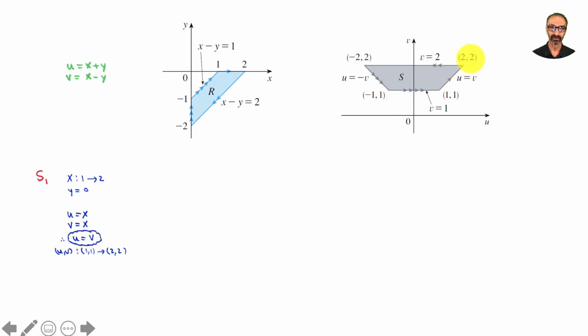And you need to know where it starts, where it ends. So it's not going to go all the way. With the limitations that we have, we end up with from (1, 1) to (2, 2). x changes from 1 to 2, so u will change from 1 to 2, and v will change from 1 to 2. And that is right there.